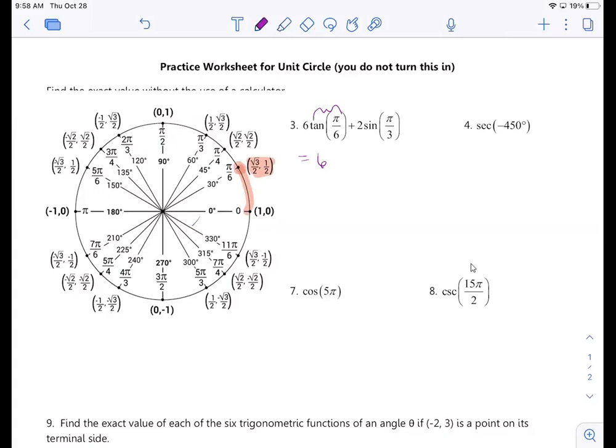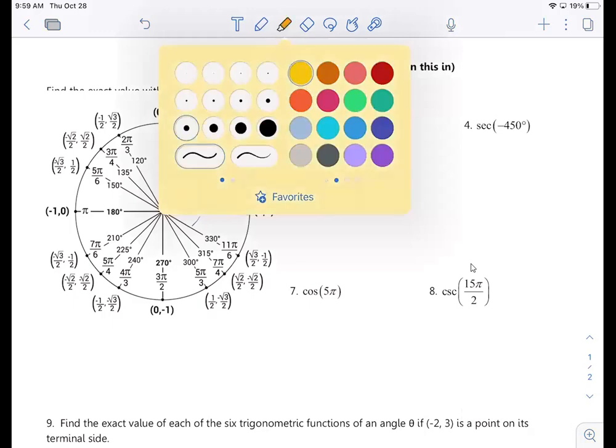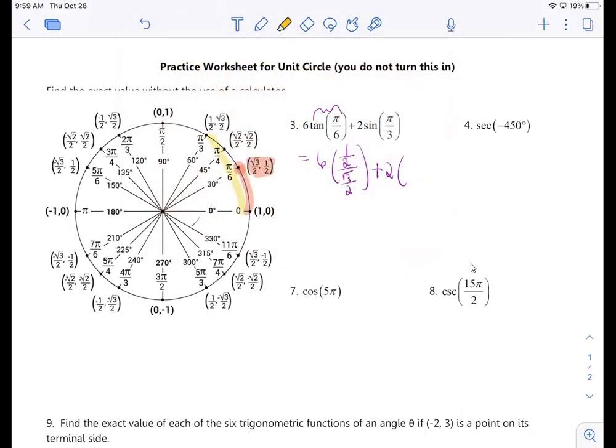So that's going to be y divided by x plus 2. And then I'm going to times it by sine of pi over 3. So I need to go to pi over 3. And my sine is my y value. So that's √3 over 2.